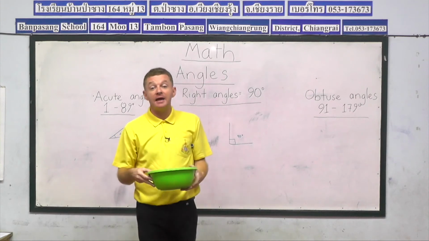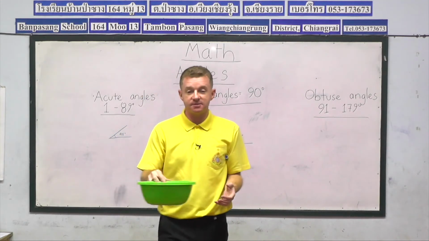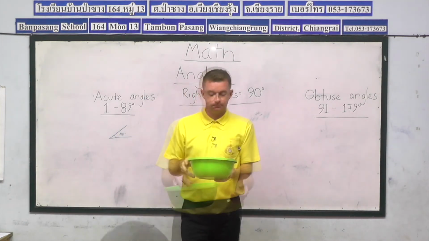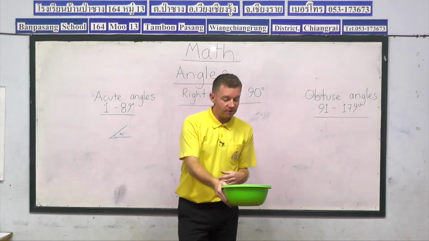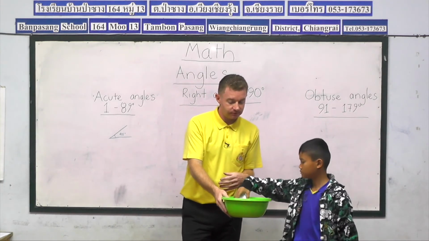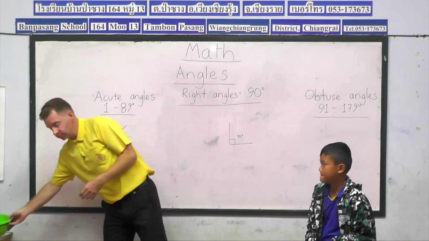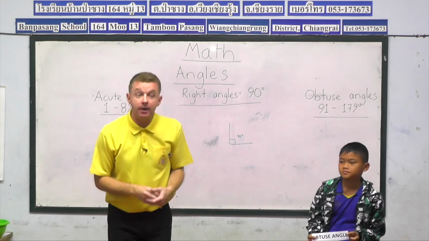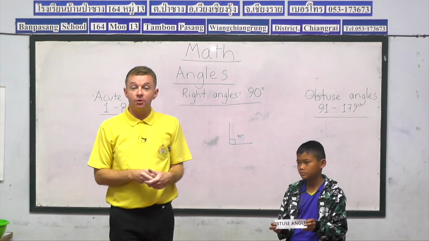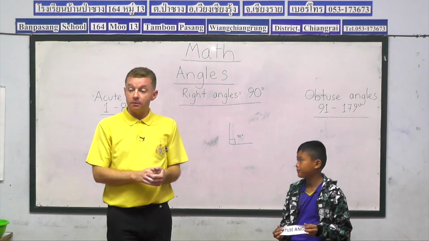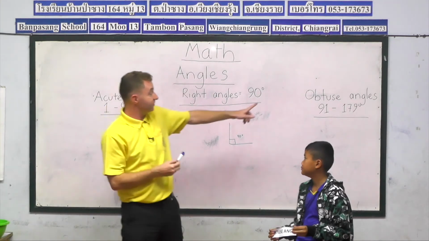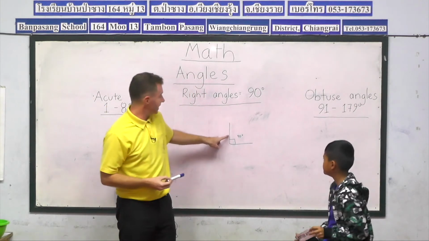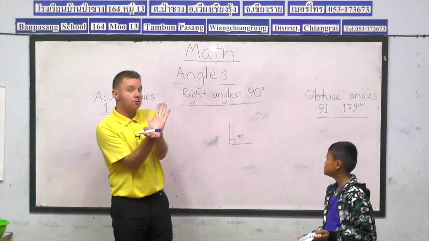And now I'd like to call Chu to the front of class to choose your flashcard. Okay, Chu, so choose a flashcard and show it to your friends. What type of angle does Chu have? Obtuse angle. Okay, so now Chu has to design an angle that's larger than 90 degrees.